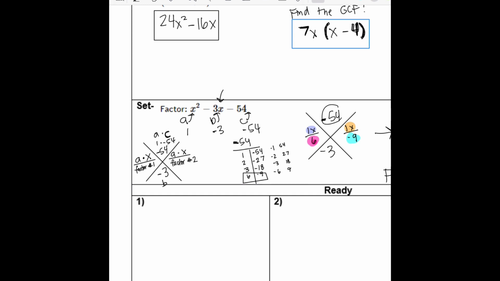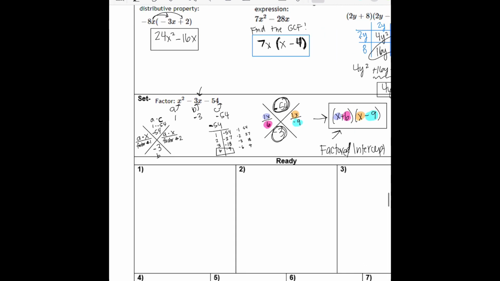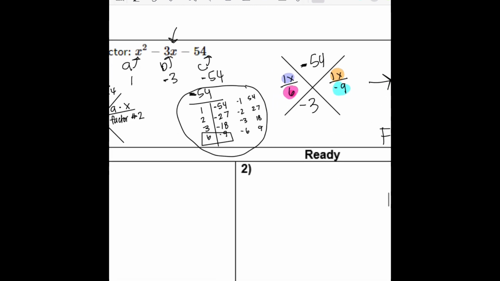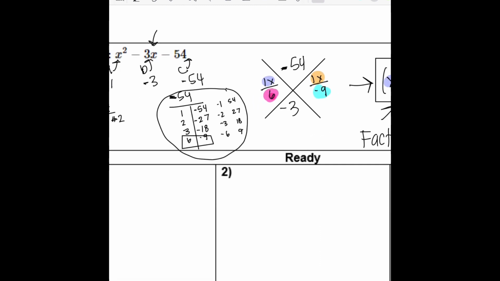Second step is to put a times c here and b here. Your third step is to find the factors that are a possibility that multiply here. The next step of finding all those factors is then finding the factors that are going to add to be this number.